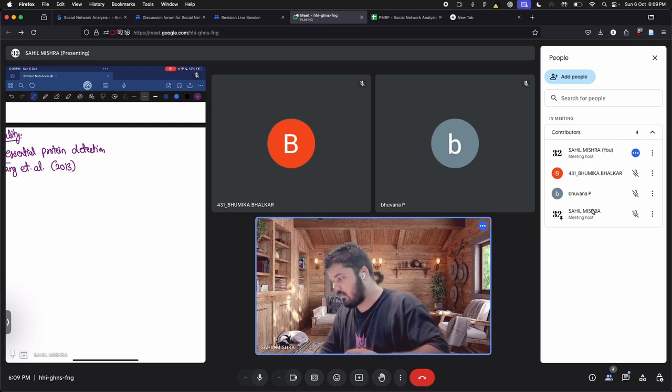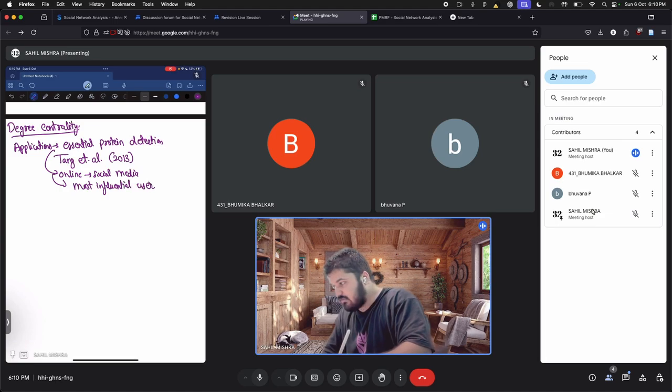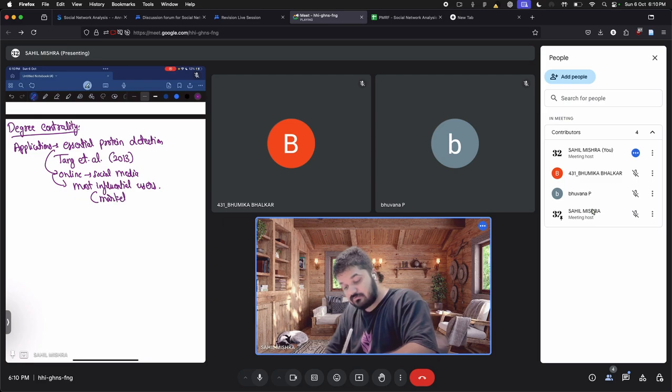In online settings, or you say social media, degree centrality is used to detect the most influential users. They are usually found for marketing purposes, whom to give sponsorship, whom not to give, etc.